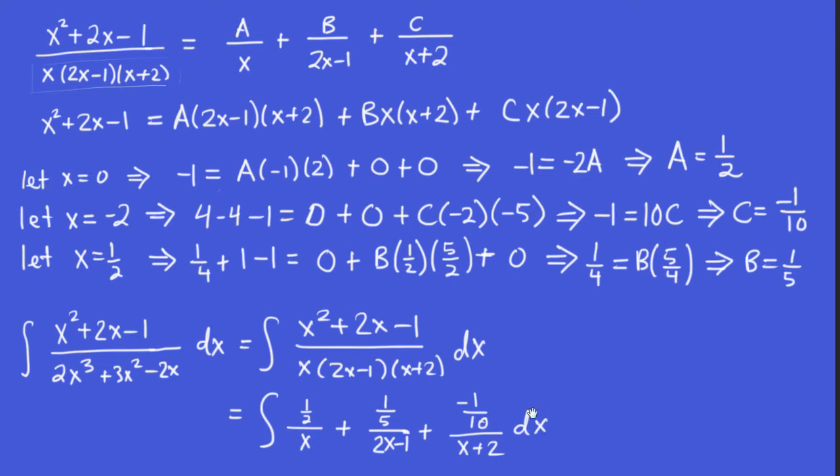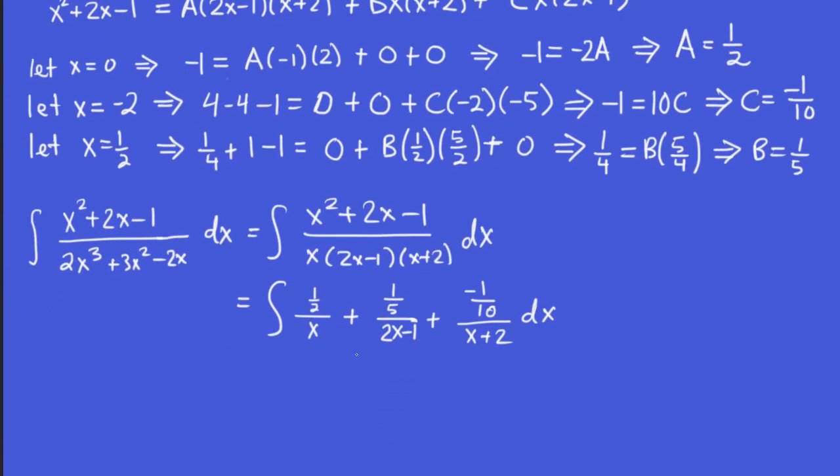And now everything is easy. Why? Well, because to do this integral, the half just comes out front, and we have the integral of 1 over x, which is the natural log of absolute value x. Here the 1/5 comes out front. And we've got to be a little careful here. There's actually a little mistake there, right? Because when I do the derivative of this, I have 1 over 2x minus 1 times 2.